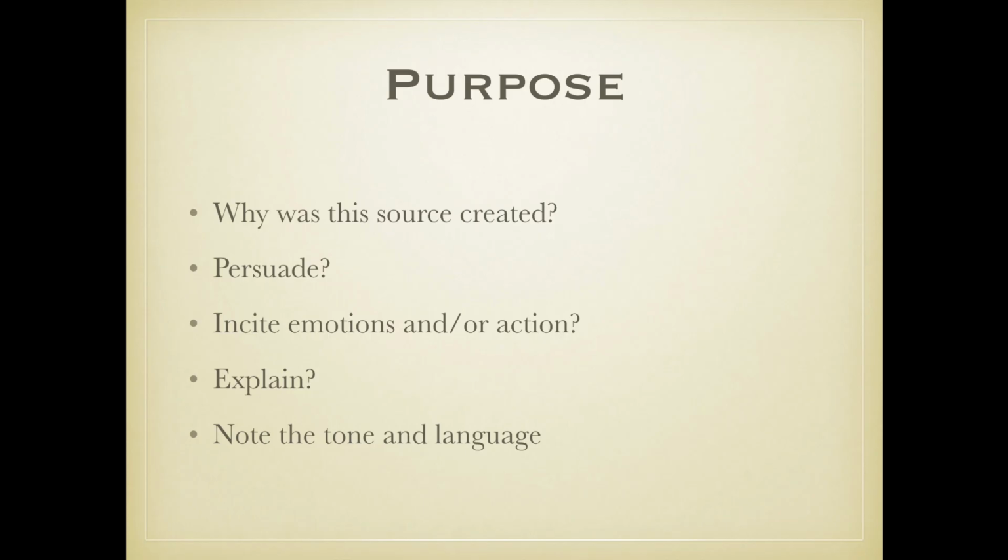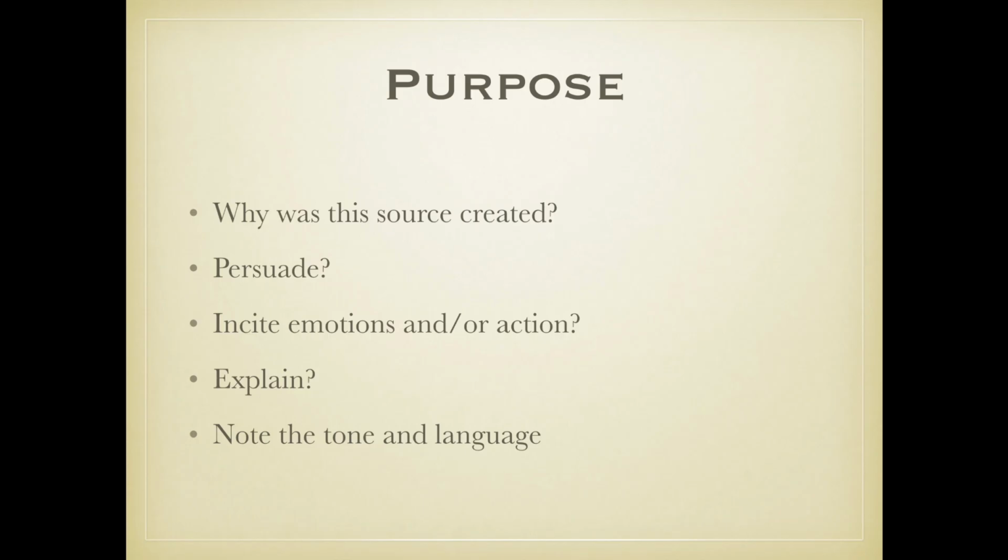However, sometimes sources are also intended specifically just to explain something, and that'll also be clear in the message. Now, one big key thing that helps you understand and analyze the purpose of a source is to look at the tone and the language used in the source. Is the source overtly aggressive, angry? Is it overtly optimistic, pessimistic, or negative?